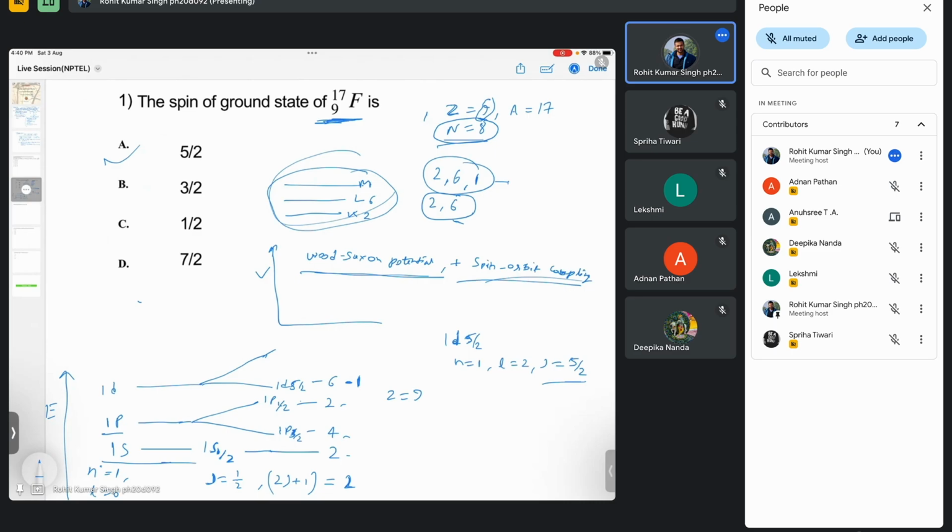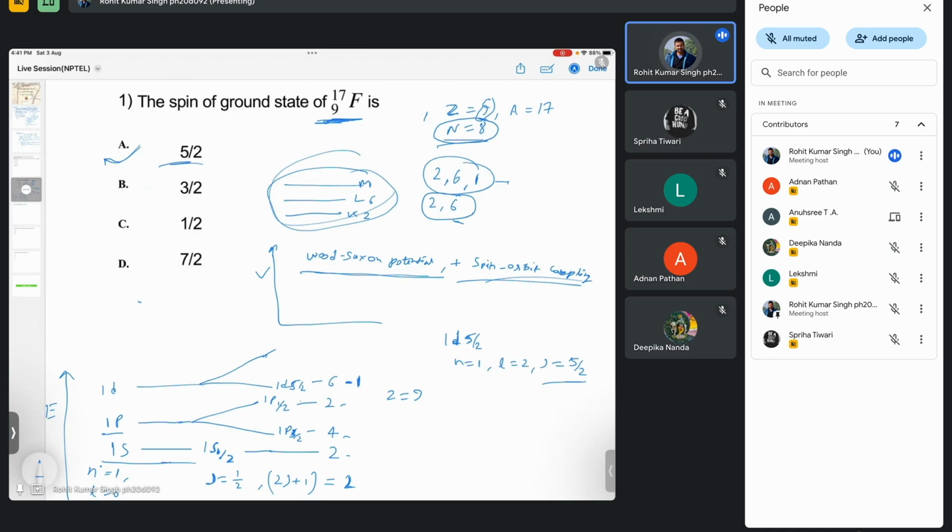And this spin will be for the whole nucleus. Okay, it will govern the whole nucleus. Like if two nuclei come together, they will interact through this kind of spin.